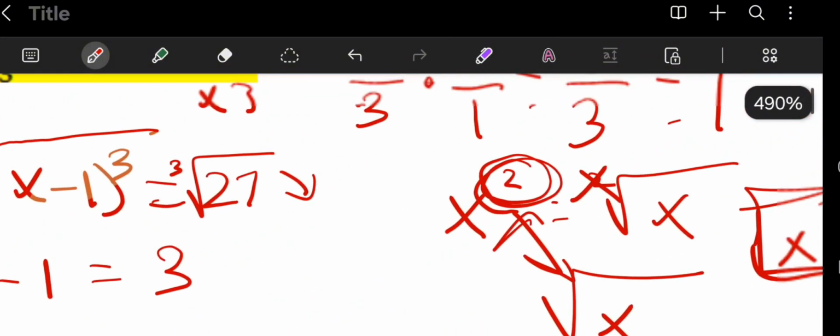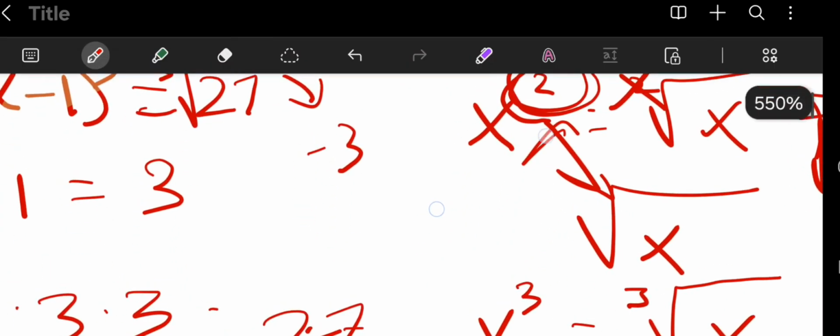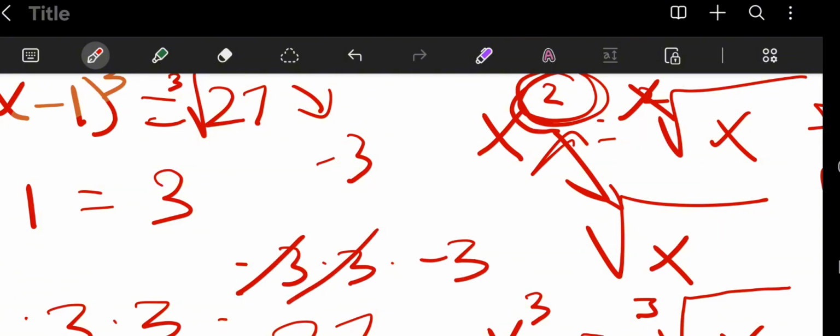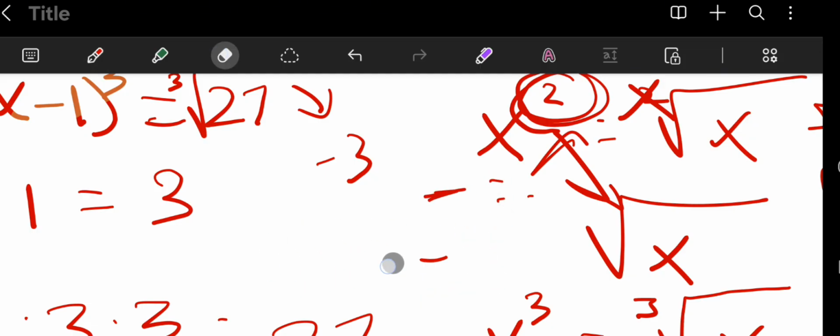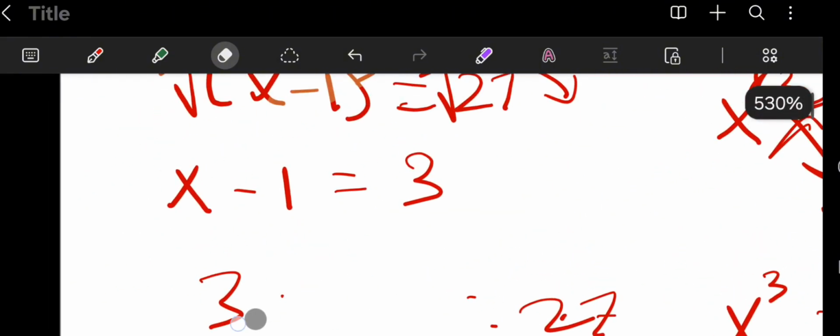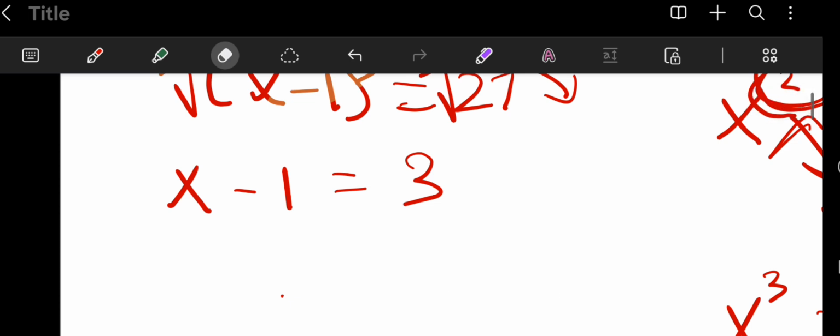But if we said the cube root of 27 is -3, that would be incorrect. Because -3 times -3 times -3, the first two cancel out so that makes a positive, but then there's this negative right here, which means our answer would end up being negative. And what we want is a positive 27. So that's just clarifying why we get only positive 3 and not -3.